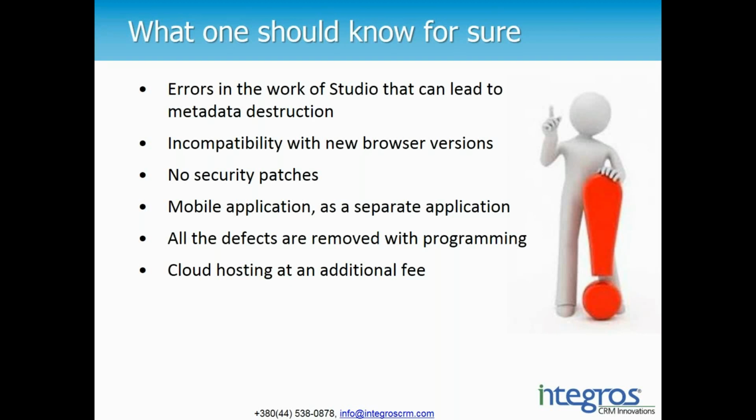It means that someday the updated browser refuses to work with some functionality, as has happened a lot of times before. This can be a trap because rolling back to the previous version of the browser may raise security risks. Anyway, the option here is to catch and eliminate bugs with programming yourself.